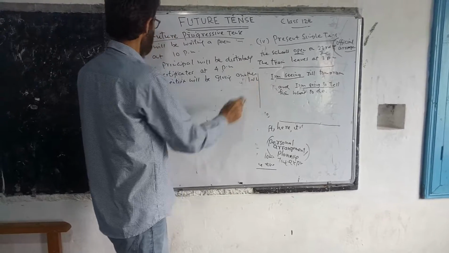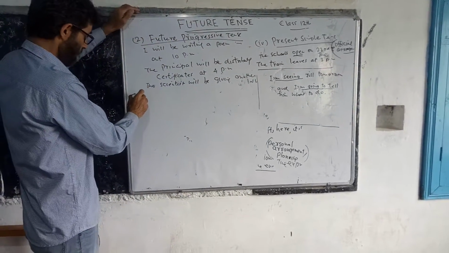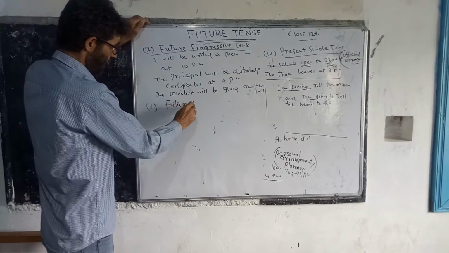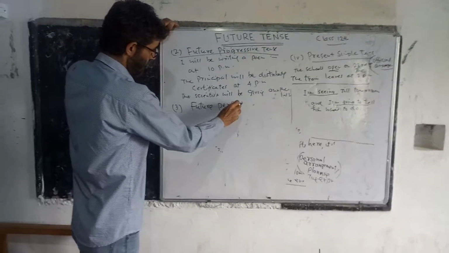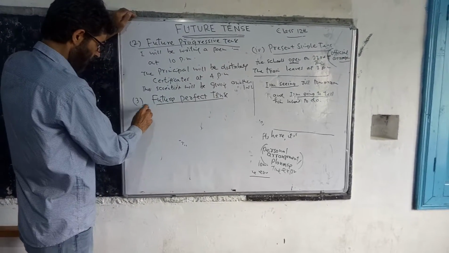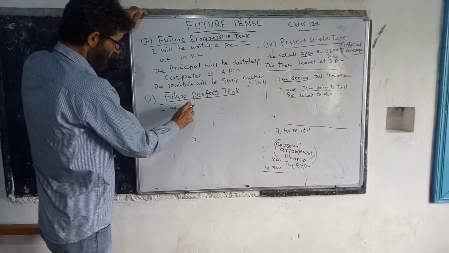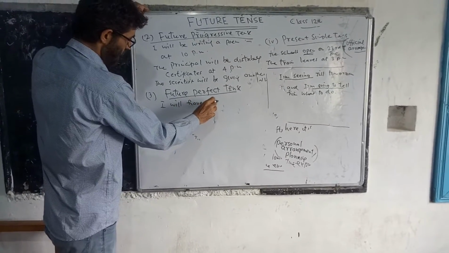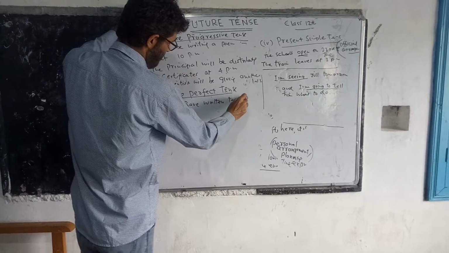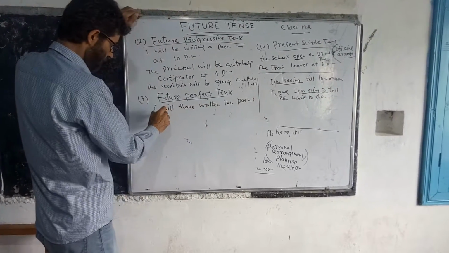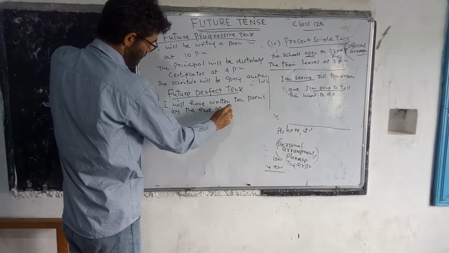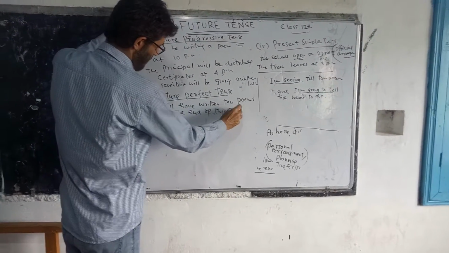ठीक है ना? Now after this we have future perfect tense. Example से आपको clear होगा. I will have written 10 poems by the end of this month.